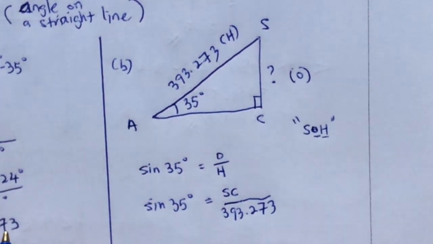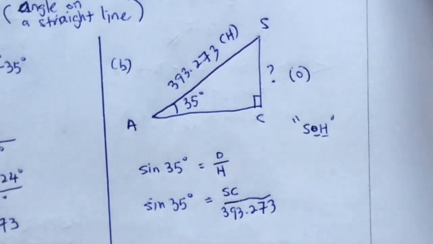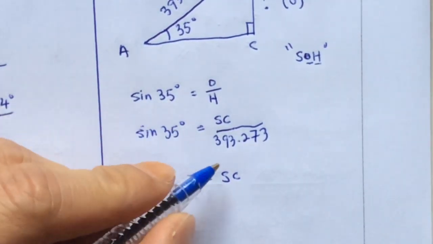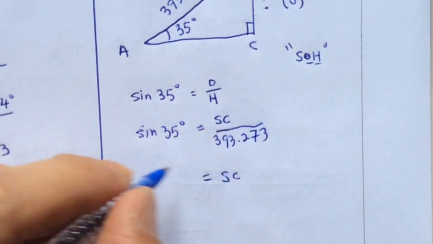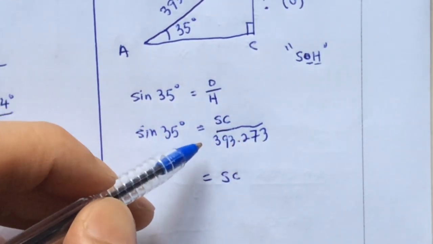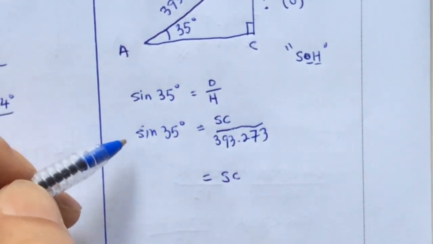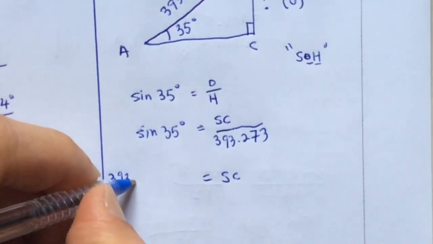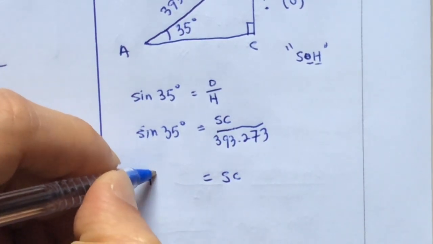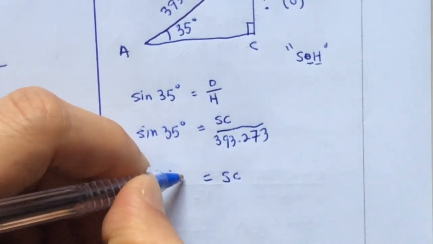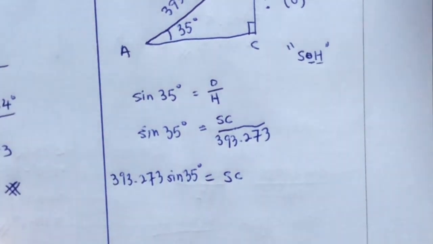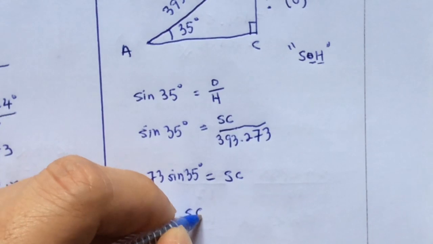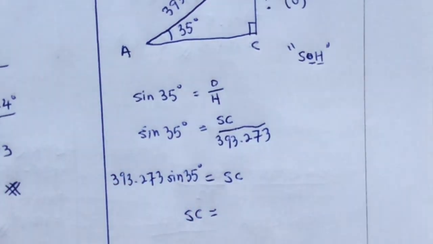We can copy down sine 35, and we can find the value of SC. So SC equals, this value will move to the other side. This is a divide by 393.273, so when I move here, it becomes times 393.273. So 393.273 times the sine 35 degrees. I will press the calculator, and I will get the value of SC, which is what we want.